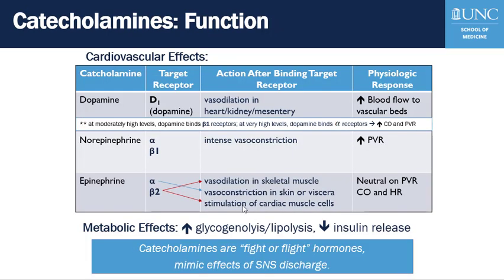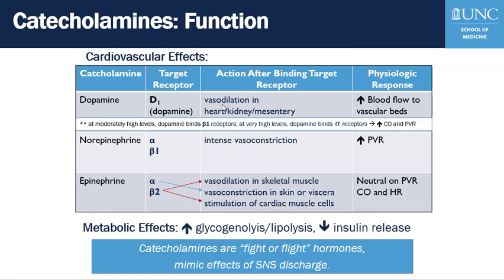The function of the catecholamines and their main effects are seen primarily on the cardiovascular system and the area of general metabolism. So cardiovascular effects vary by the specific catecholamine depending on where the receptors are located. So this first table summarizes the target receptor for dopamine, norepinephrine, and epinephrine with the actions and physiologic responses listed.